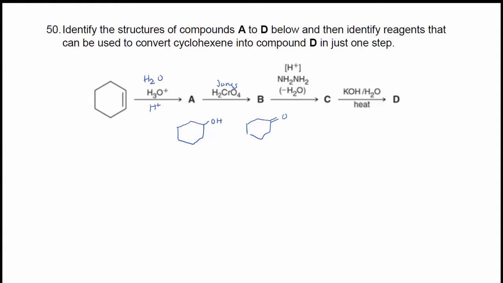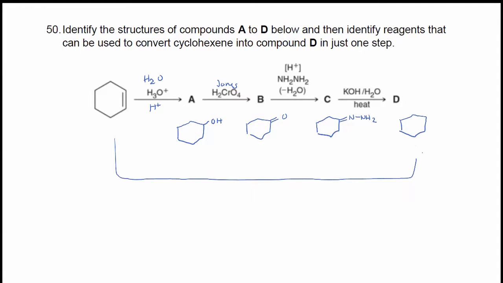If we add NH2NH2 and H plus, this is the first half of the Wolff-Kishner. So we're going to get the N with NH2 here. And then if we add sodium hydroxide and heat, we'll just get cyclohexanone. What reagent could we use to get here in one step?